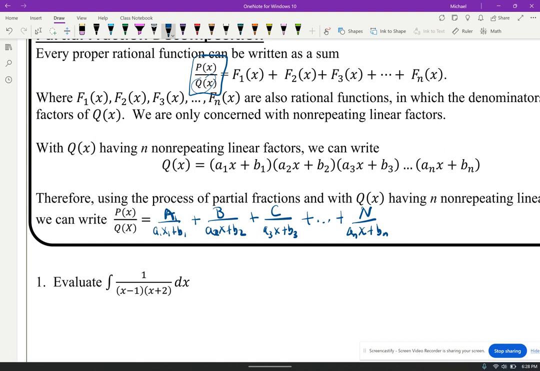So the idea is this: whenever I have a fractional setup, I can break that into little fractions whose denominators are factors of the bottom.